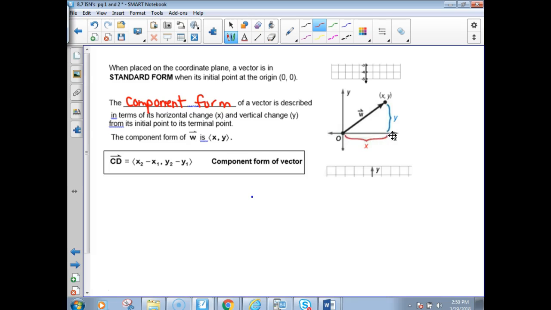So this is the horizontal change or the change in x, and this is the vertical change or the change in y. You've seen maybe in science the use of delta to mean change. That's a delta. Delta y means change in y. The component form is x, y. That right here is the component form.